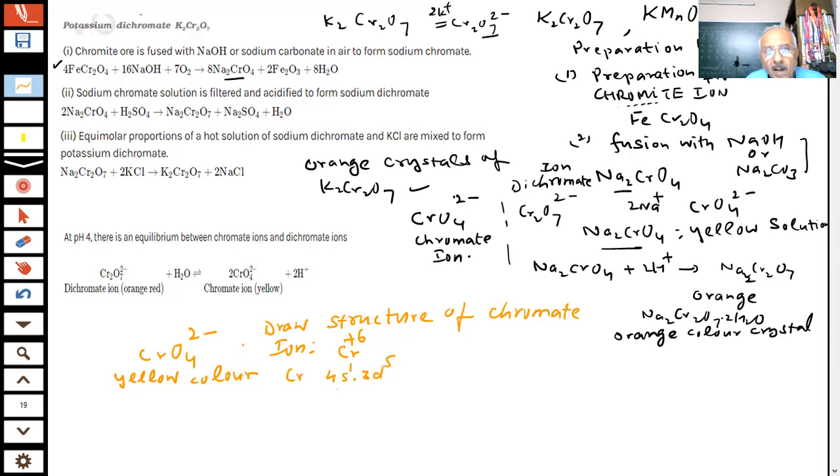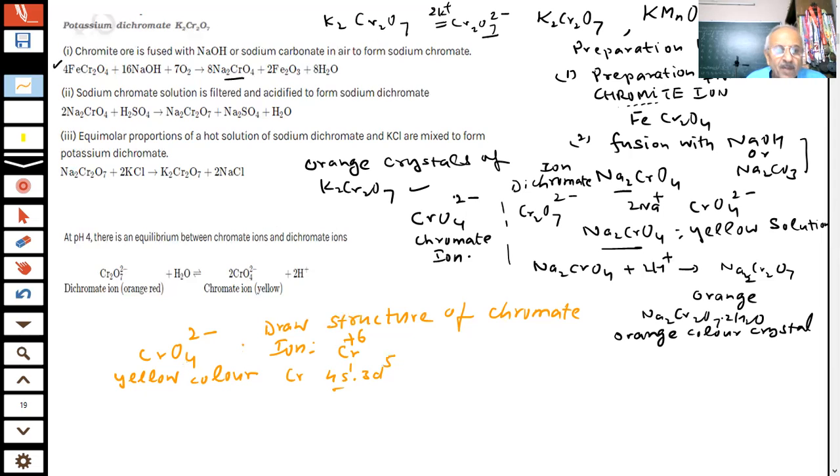Chromium is 24, 4s1 3d5. Chromium 6 plus. This is a chromium 6 plus oxidation state, students. How many bonds is it forming here? Bond pairs are 4.